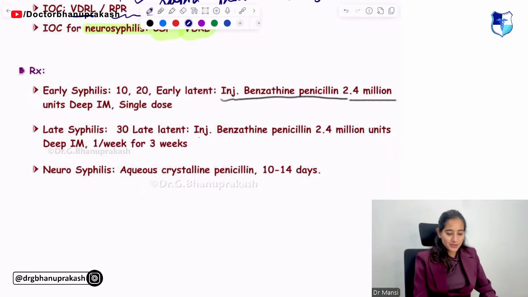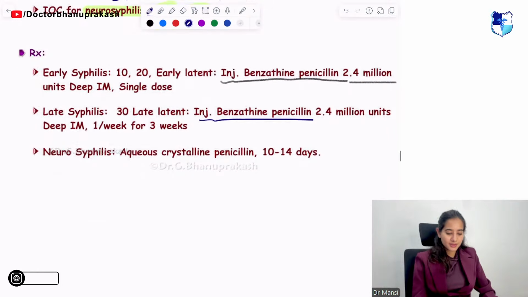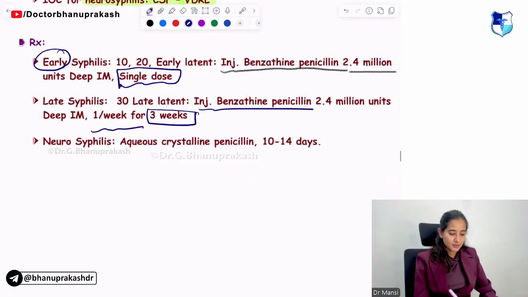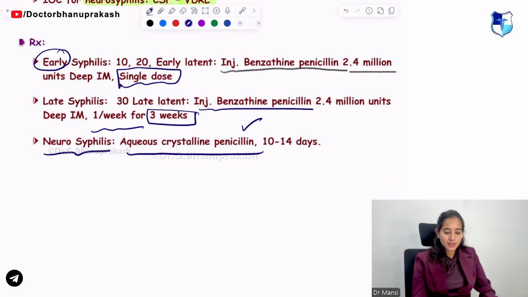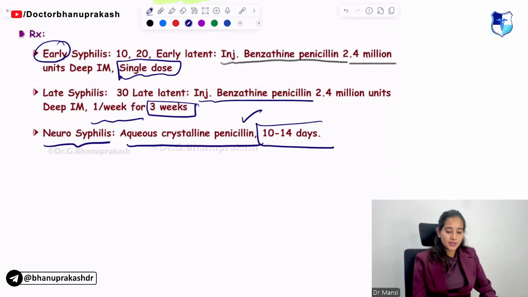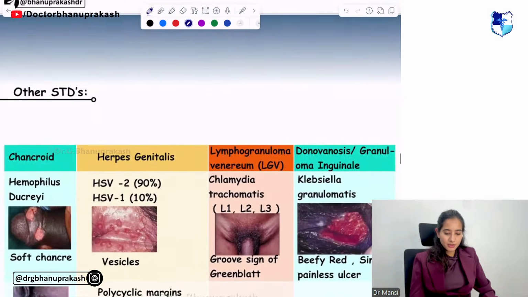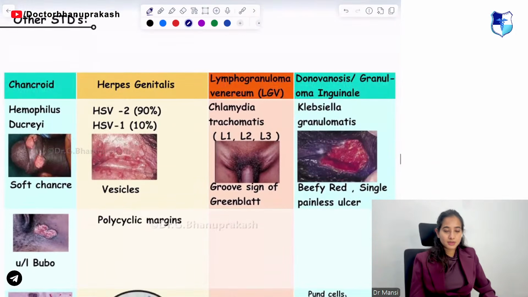In late syphilis, you use injection benzathine penicillin again, one injection per week, repeated weekly, while for early syphilis you just give a single dose, with no need to repeat it the next week. In neurosyphilis, it is aqueous crystalline penicillin, given for 10 to 14 days. I hope you'll all be able to crack the question on syphilis if it comes.